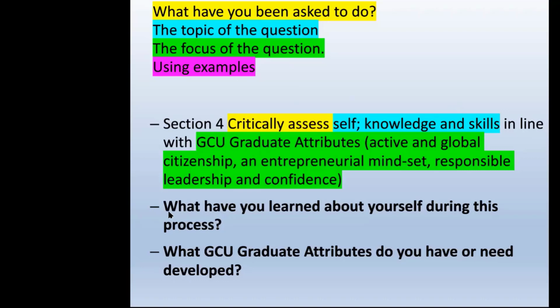So what have you learned about yourself during this process? And then the last thing is what GCU graduate attributes do you have or need to develop? So I have simplified this question into these two questions that I can work with.